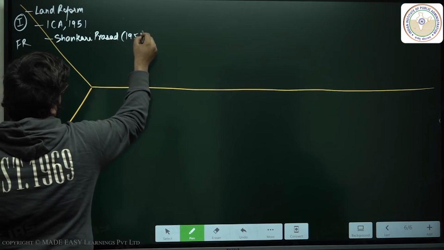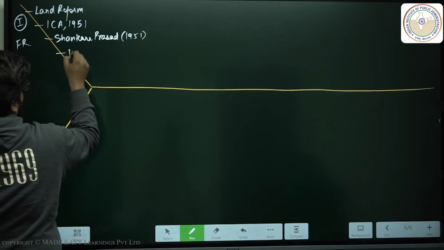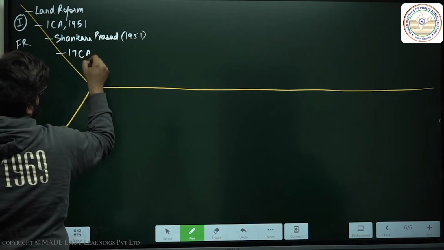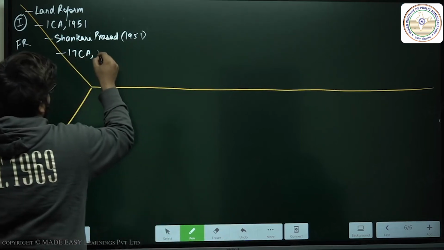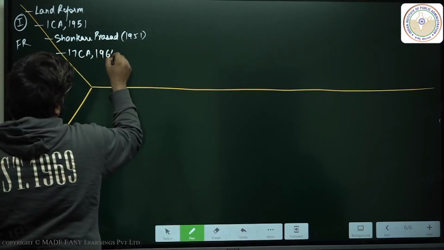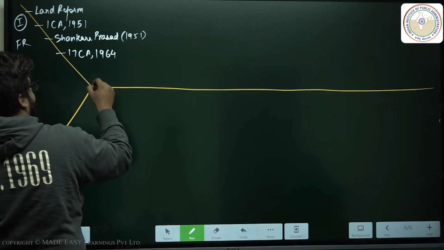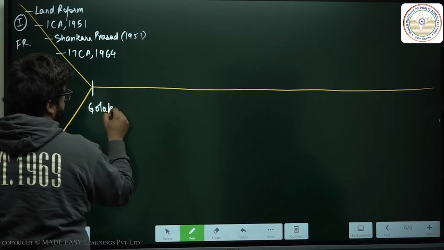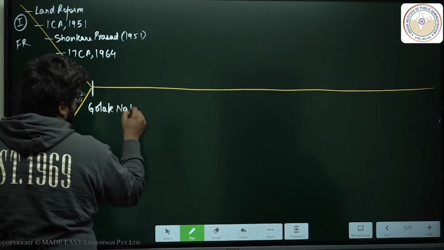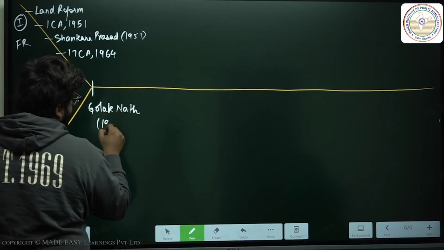Government gets overconfident, 17th Constitutional Amendment, 1964. The red plot happens, Golaknath of 1967.